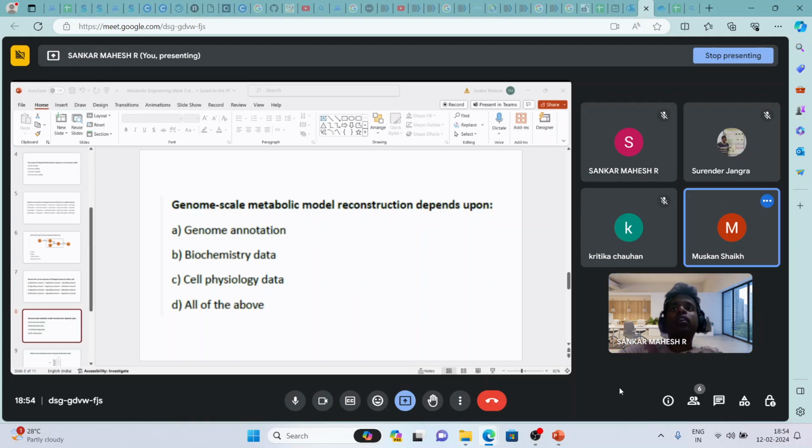So the question we are looking at is: genome scale metabolic model reconstruction depends upon option A, genome annotation, option B, biochemistry data, option C, cell physiology data, and option D, all of the above. You can take a couple of minutes, or put forward your answer with an explanation. We'll discuss it further as you come up with the answer.